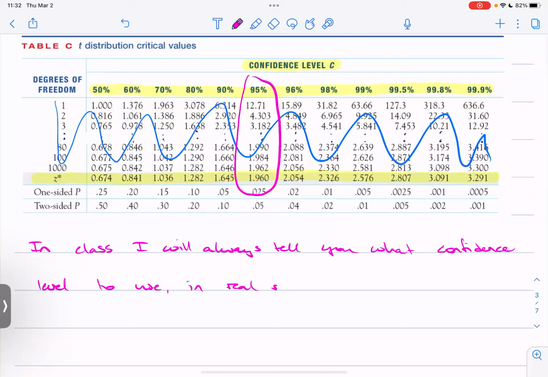In real life, 95% is the default. Right, and like I said, there are some circumstances where you might want to change that, but in general, 95 is safe.